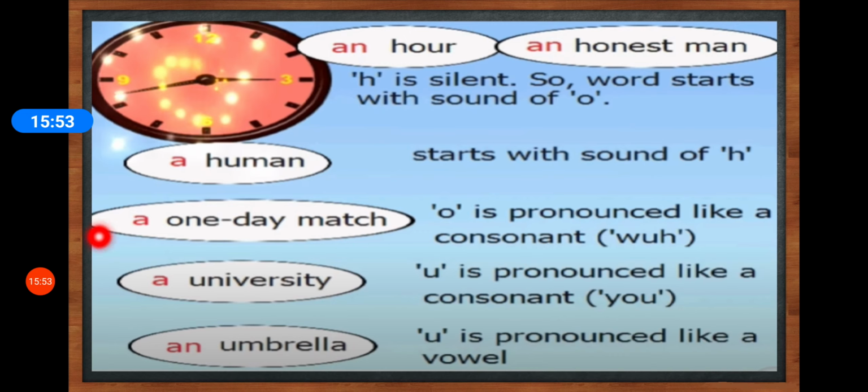So that's why a one-day match. A university. U is pronounced like a consonant Y, which is a consonant sound. So a university. Now here umbrella, U is pronounced like a vowel, a sound. So which is a vowel sound, so an umbrella.